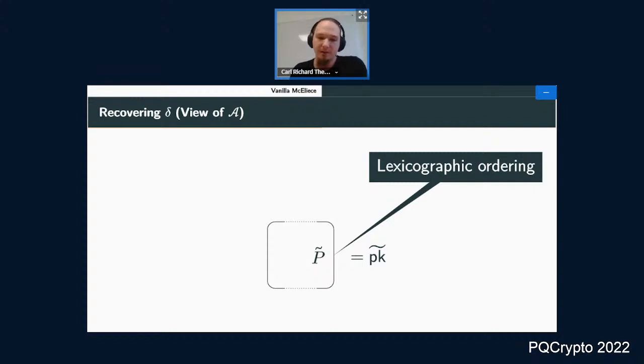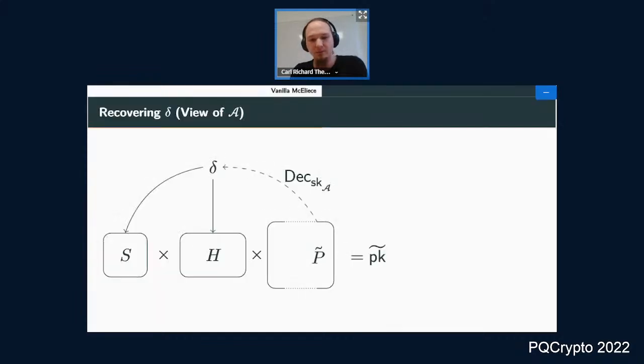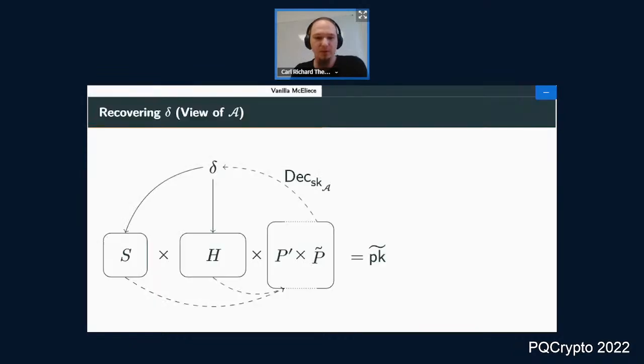Because we now know this permutation, we can learn the ciphertext, decrypt it with the secret key of the adversary, and learn the original seed delta again. Then we simply rerun the key generation with the sorting of the columns of S times H to learn the full secret key. By this, the adversary learns the secret key.